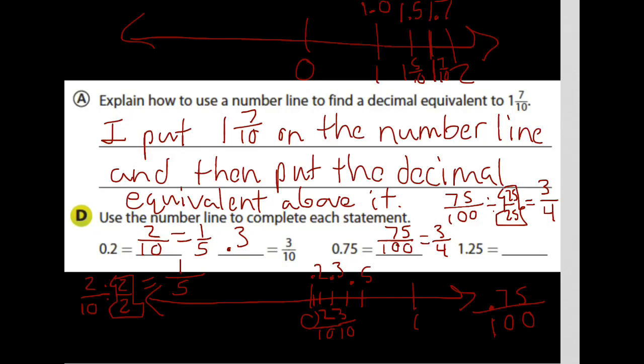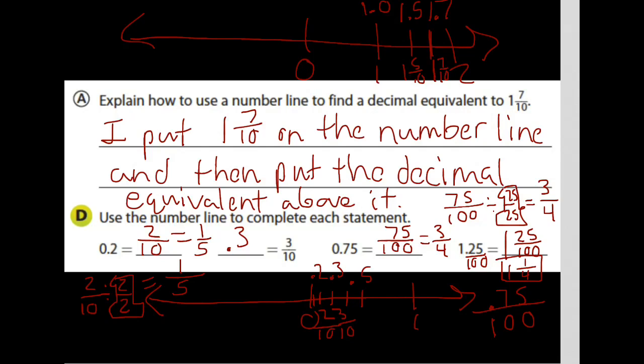My last one, I see the whole number 1 and 25 hundredths. So I can write that as 1 and 25 over 100, or if using my example from earlier, I know that 1/4 is 25 cents and 4/4 is $1, so it's the same thing as 1 and 1/4.